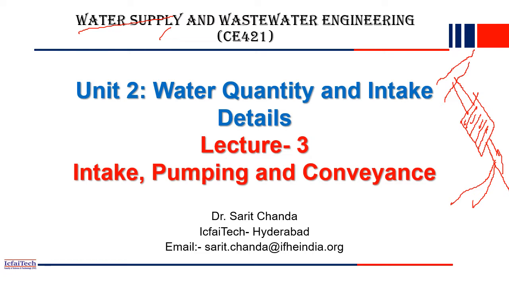In the last few lectures, we are following a systematic path for this course, so that you can correlate exactly what is happening in the field. In lecture number 1, we discussed the types of sources, because for treatment or distribution of water we need a source of water. We discussed different types of sources of raw water, like surface water and underground water, in detail.